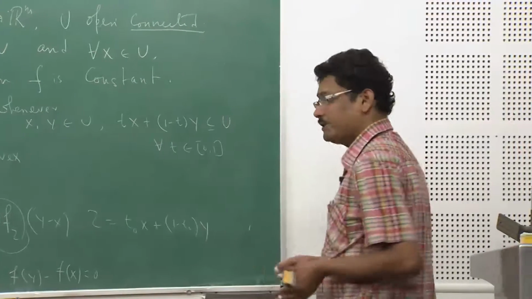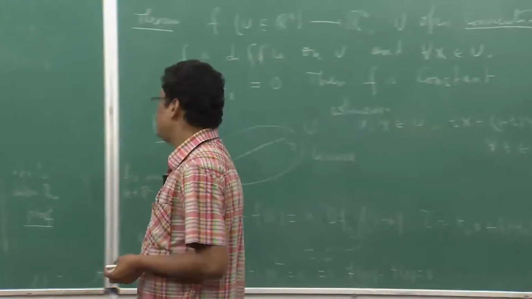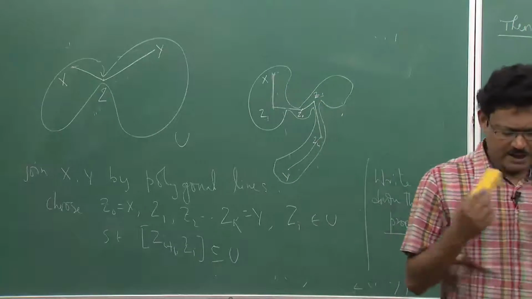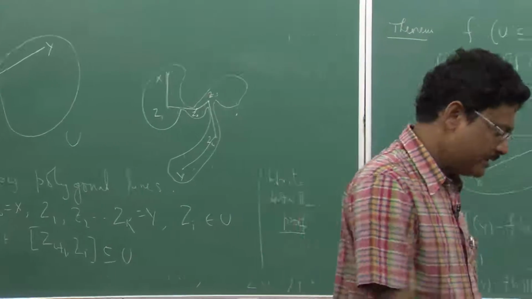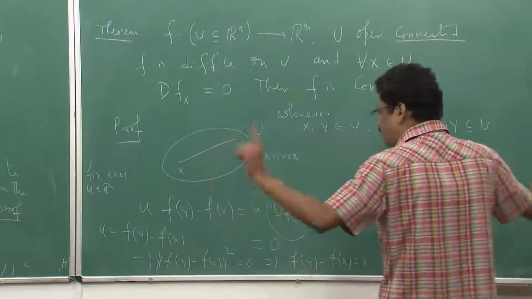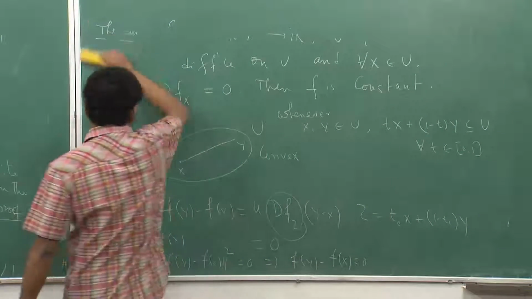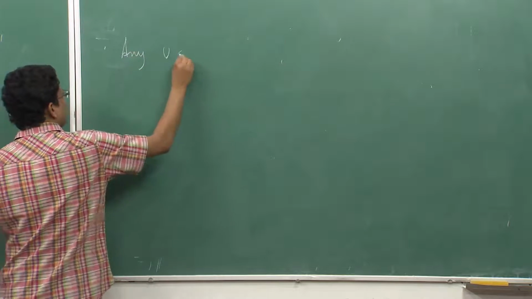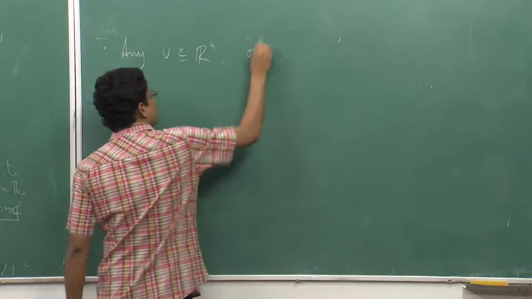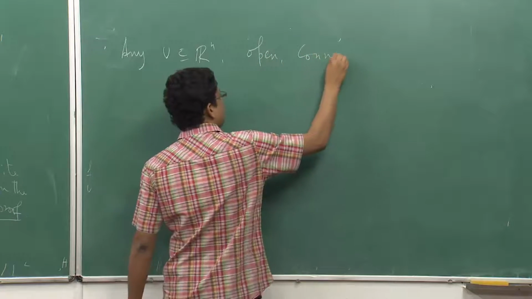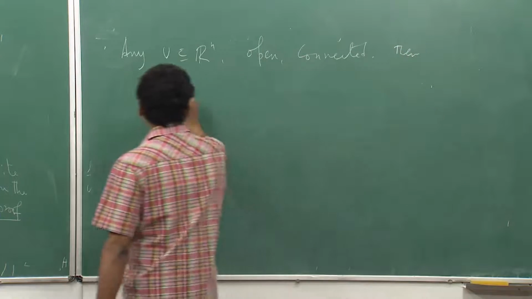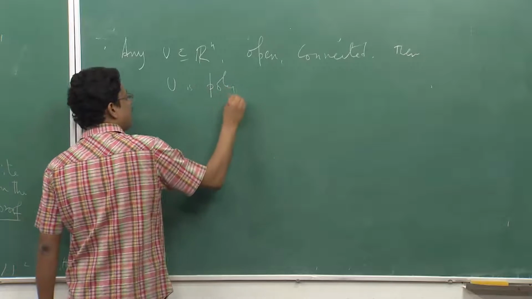But here remains a catch. What is that? Given any open connected set, I must be able to do it. This is a very nice exercise, I will put it in the assignment, but let me just for one minute give you the hint how to prove it. So this proof is okay, modulo I prove this statement: any U in R^n which is open and connected is polygonally connected.